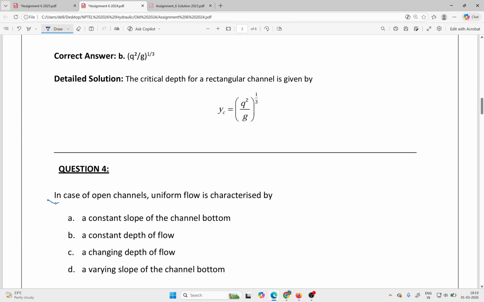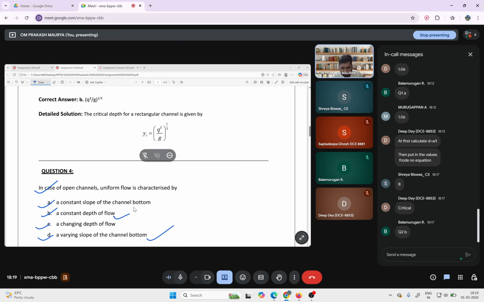In case of open channel, the uniform flow is characterized by a constant slope of channel bottom, a constant depth of flow, a changing depth of flow, a varying slope of the channel bottom. So you have the four options. Try to write your answer in the chat box. First read the question very carefully, all options also. Then try to write your answer. Question number 4.